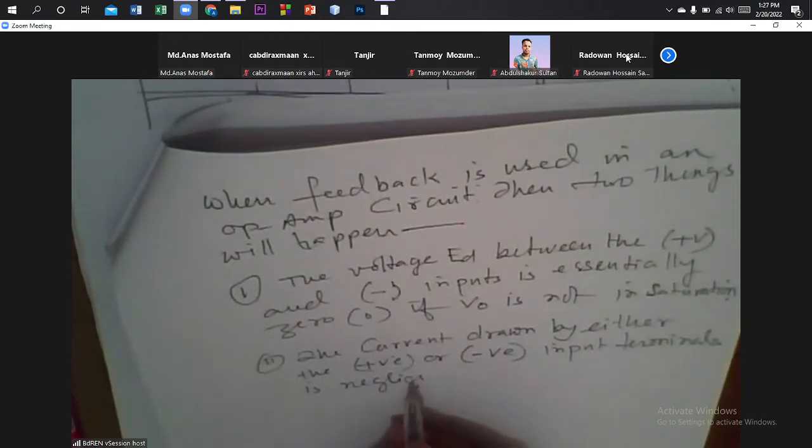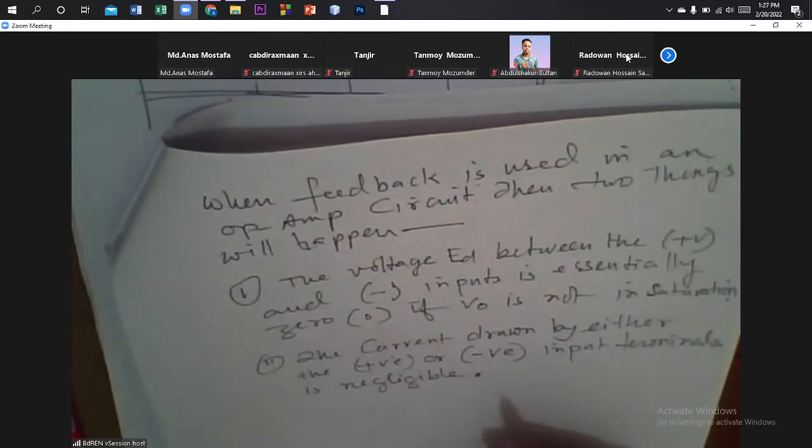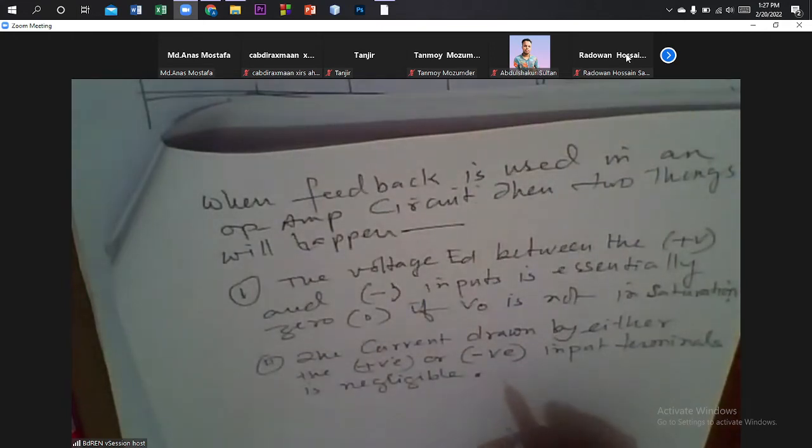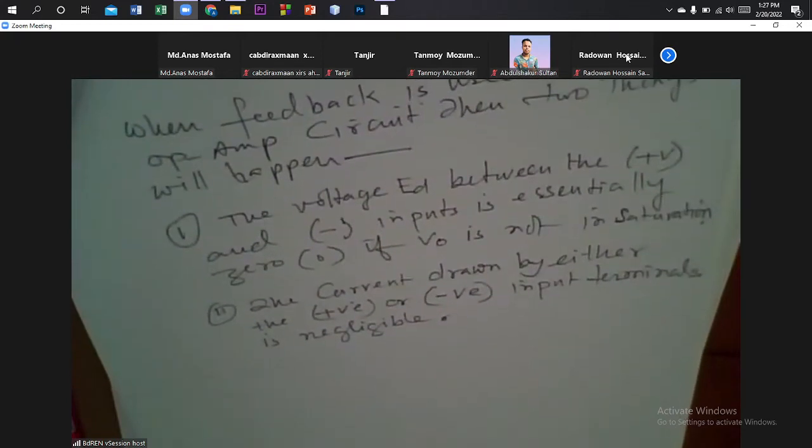What does negligible mean? Zero, almost zero. It does not count. Write it down, the two conditions already given in the book. These two conditions are given in the book.